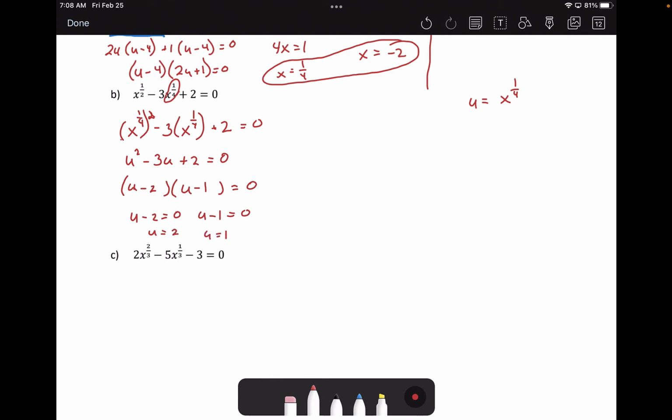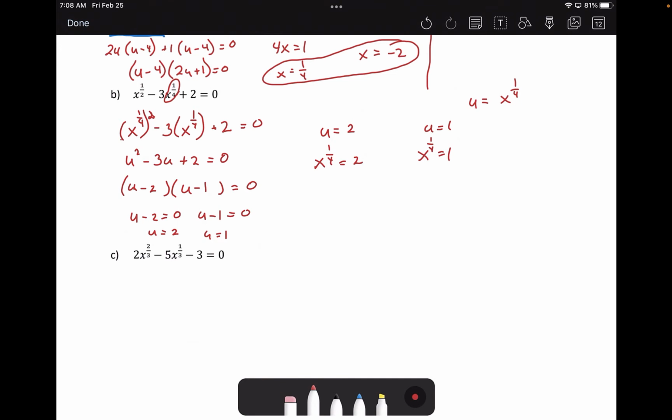Keep in mind, we don't want u, we want x. So we need to go in and back substitute what our u is. So instead of writing u equals 2, we'll replace that with x to the 1/4 equals 2. And instead of u equals 1, that is x to the 1/4 equals 1.